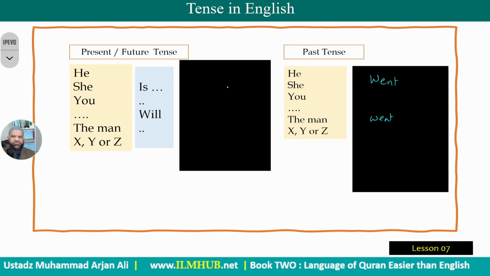Now, if I wanted to put it into the mudari tense in equivalence in English, he goes would be one translation. He is going will be another translation if I'm doing it in the present continuous tense. And he will go in the present future tense. So I have to use the word will or is, I add something.